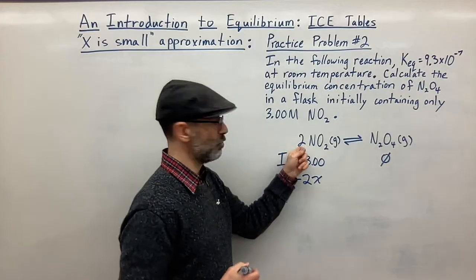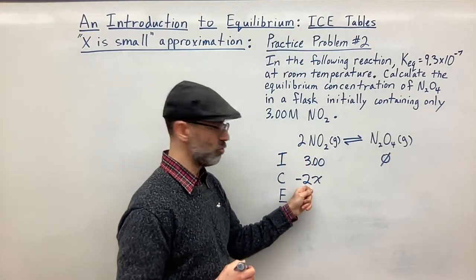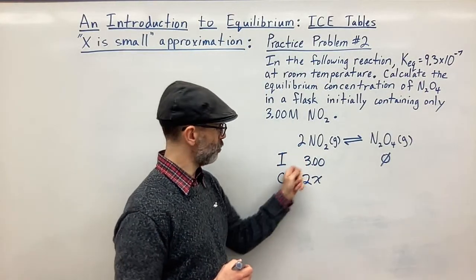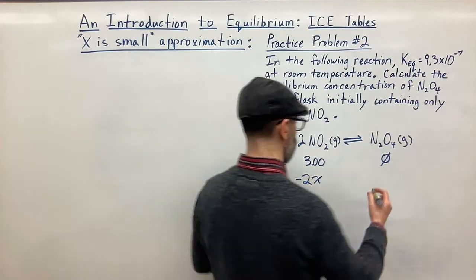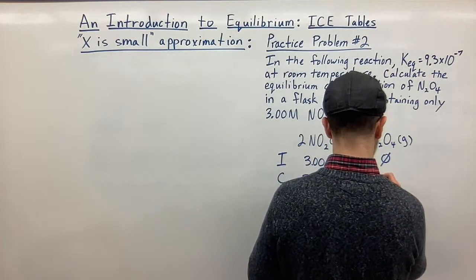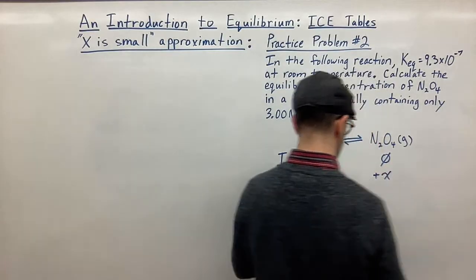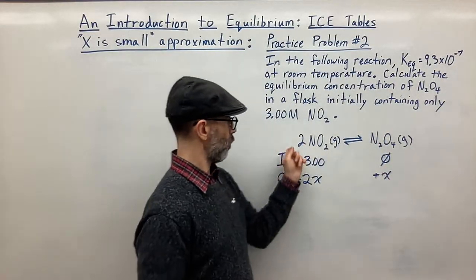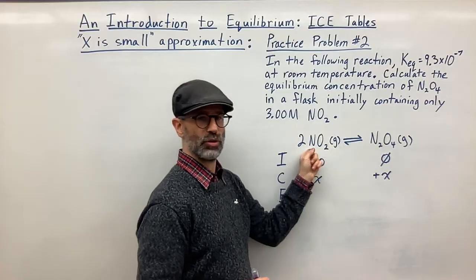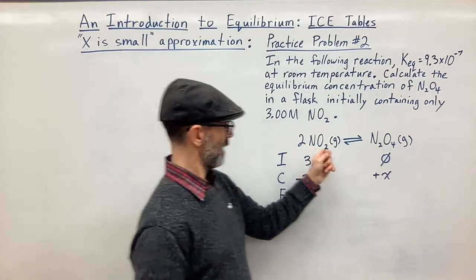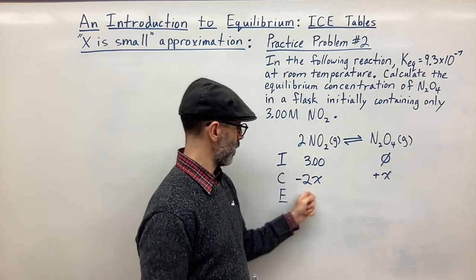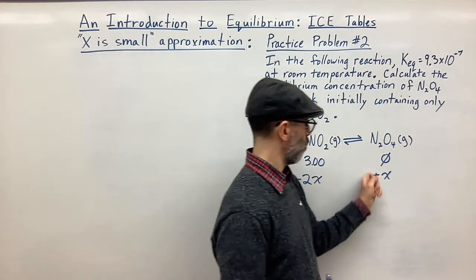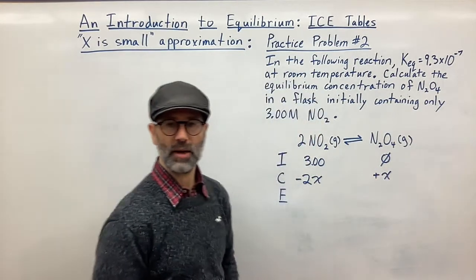I have a 2 coefficient here, so I should have a 2 coefficient here. So I'm going to lose a 2X amount here, but gain a 1X amount here. So this is going to be plus X. For every 2 moles of NO2 that I lose, I gain 1 mole of N2O4.